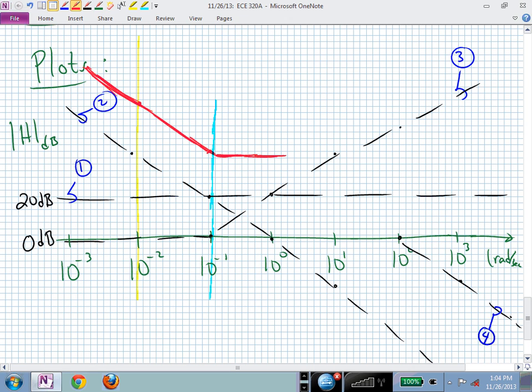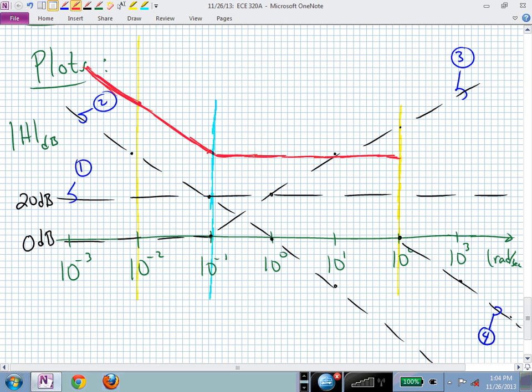until what? Until I see another slope change. And that's going to happen right out here at 100. So I continue to be flat until I reach the next break, which could have been a 0 or a pole, and now I need to say, okay, now what's my slope?